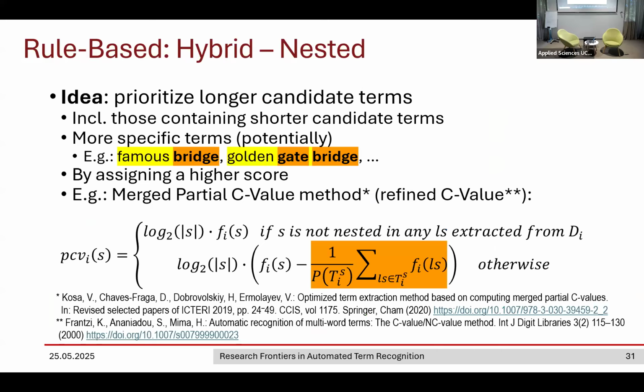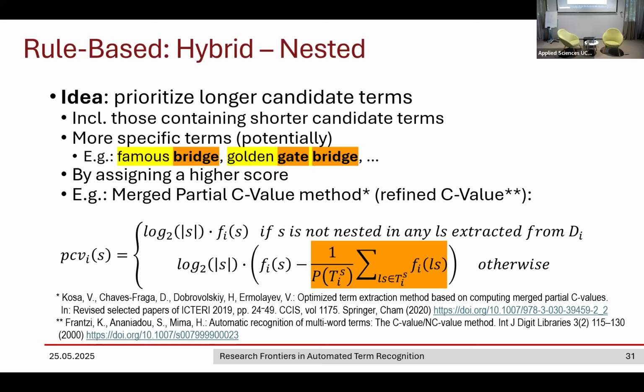One more interesting thing is that in texts, some longer term candidates may contain shorter term candidates as their parts, which are called nested terms. The idea of extracting nested terms as well is to prioritize longer candidate terms as more specific, as we're striving for domain specificity, including those containing shorter candidate terms. So more specific terms potentially are famous bridge rather than bridge, and Golden Gate Bridge rather than gate or bridge.